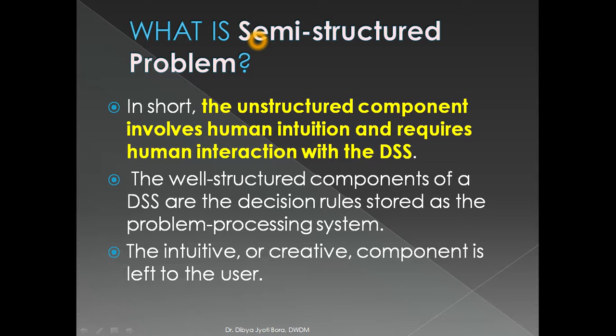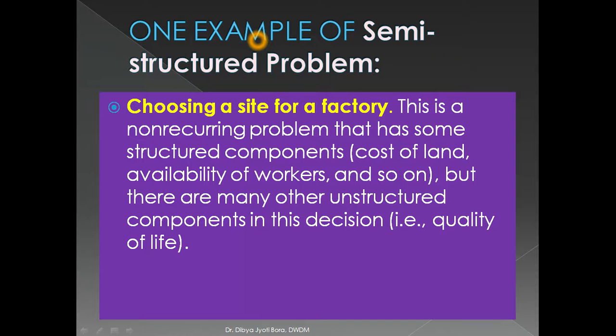The unstructured one will involve a human being, a human's intuition, and the well-structured one will just involve some decision rules that are stored as the problem processing system. So the intuitive or creative component is left to the user, meaning the unstructured component. Clear? So let's see semi-structured problem examples that will help us to understand it better.